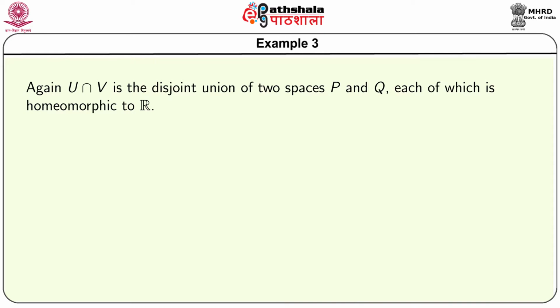Again, U intersection V is the disjoint union of two spaces, each of which is homeomorphic to R.